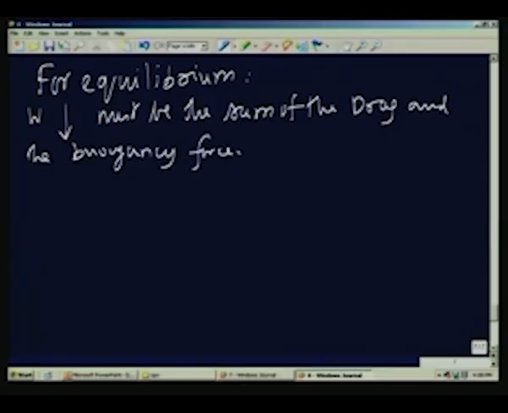The two forces which are acting in the upward direction must be equal to W, and therefore we can just do that. So rho B VB into G, this is the weight of the bob, must be balanced by the buoyancy force rho F VB multiplied by G plus the drag force, which is now given equal to CD.